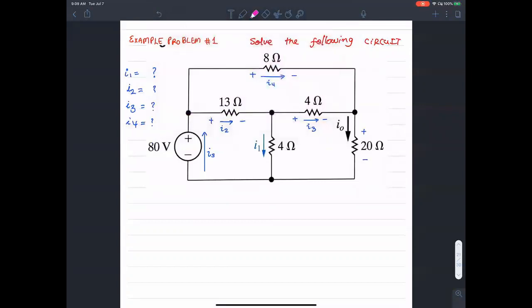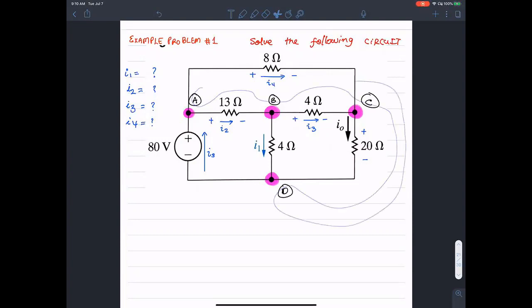Let me call this node A. I'll call this guy node B. I'll call this guy node C, and then this guy node D. Later on we'll come back to define node D to be ground, but for now we leave it like that. There are 4 nodes: node A, B, C, and D.